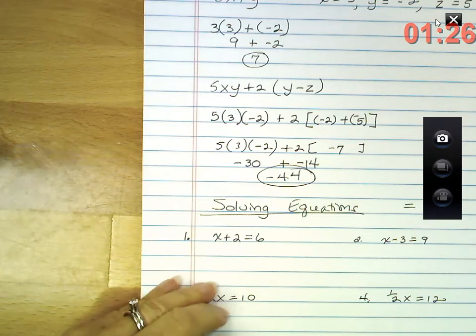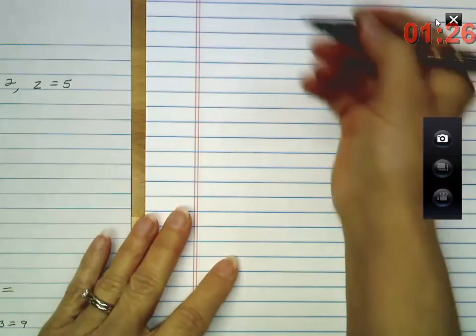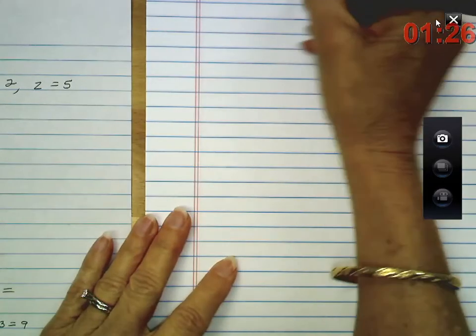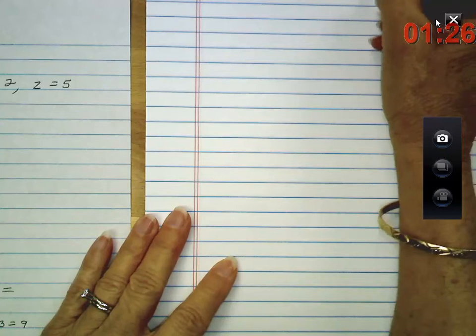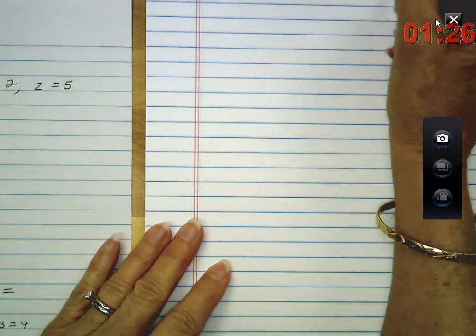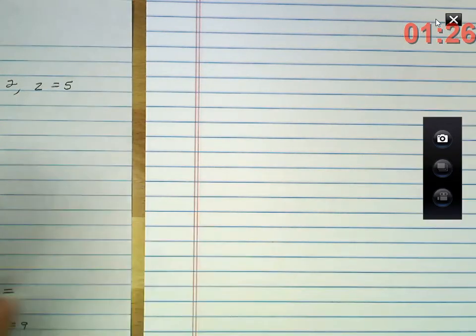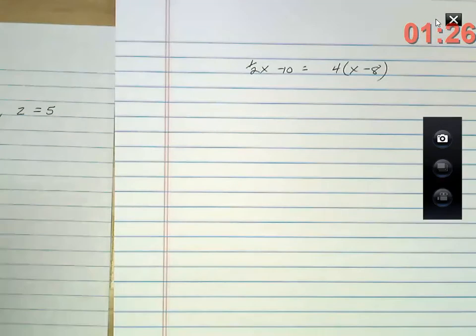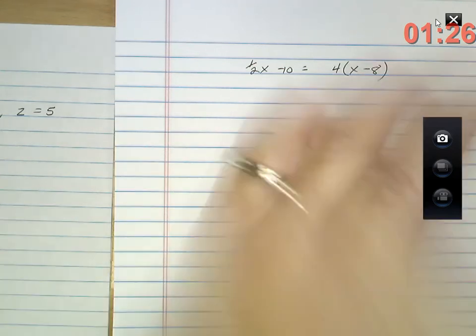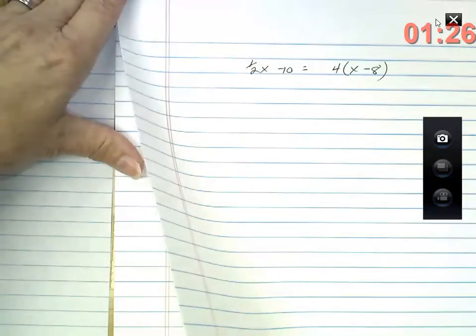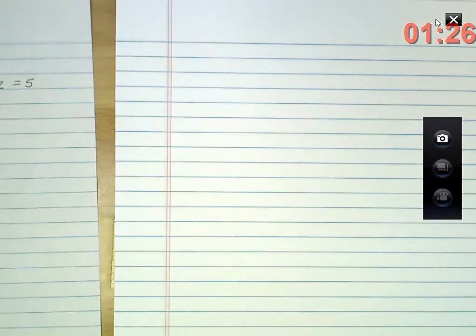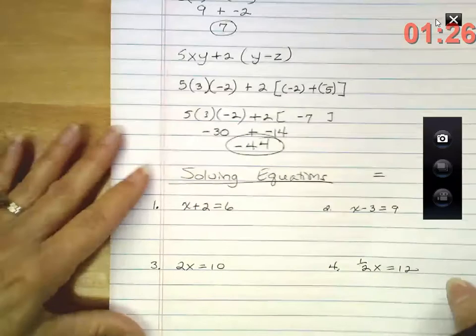Now I'll show you what I mean. We could have something like 1/2 x minus 10 equals 4 times x minus 8, or something like that. See, that looks horrible. Okay. But if you learn how to do each individual part, it's not hard, and you don't have to do that one. Okay. Anyway, I just wanted to show you why you need to learn each little part.